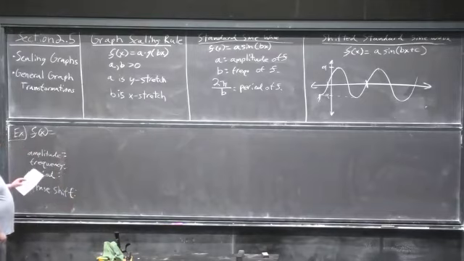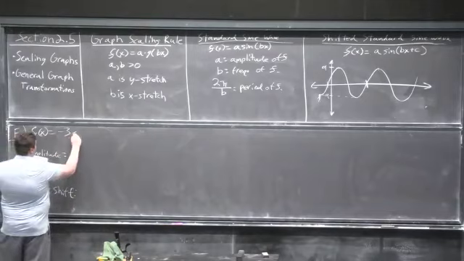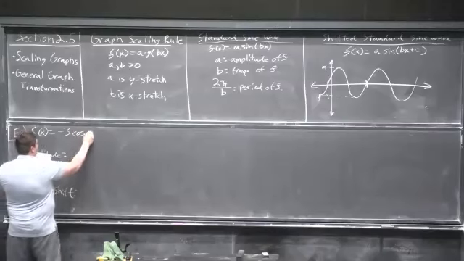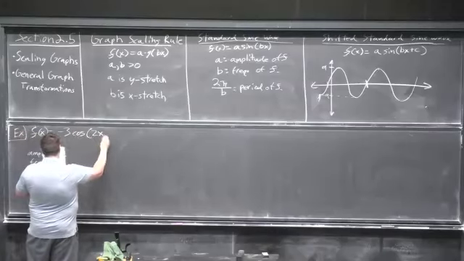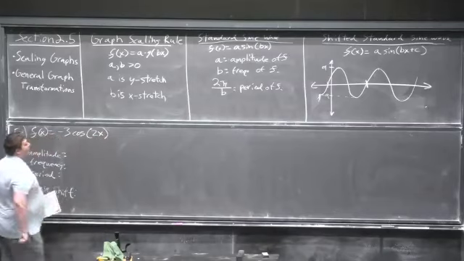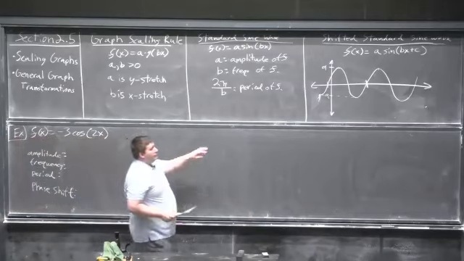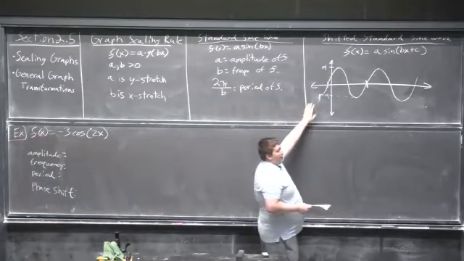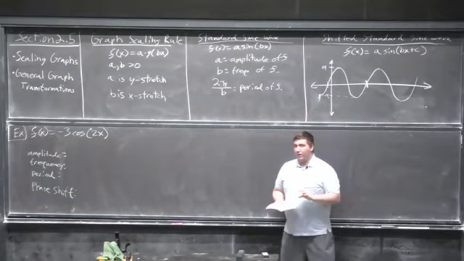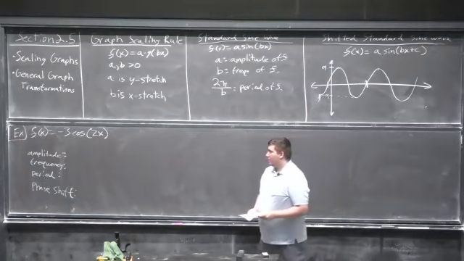This time our f of x will be equal to negative 3 cosine of 2x. So we want it in shifted standard sine wave. This is what we want in this context.